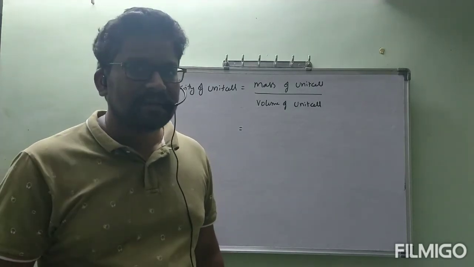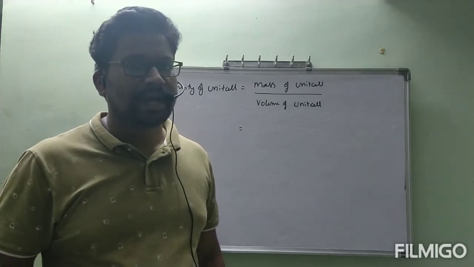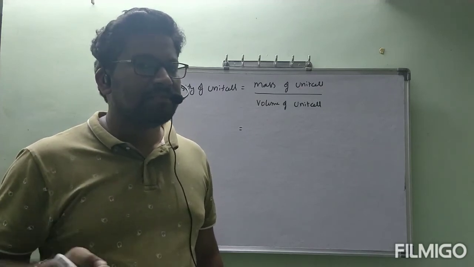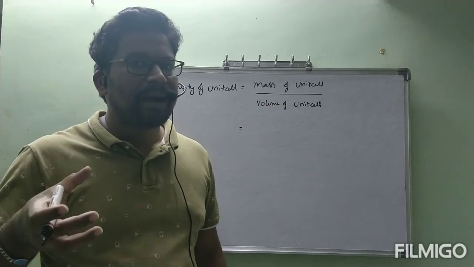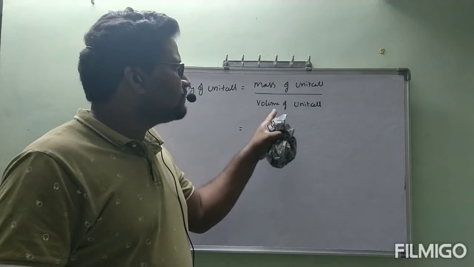Face-centered means 4 particles. Body-centered means 2 particles. Correct or not? Primitive or simple unit cell means 1 particle. What is the meaning of that? The total mass of however many particles are present is called mass of unit cell.